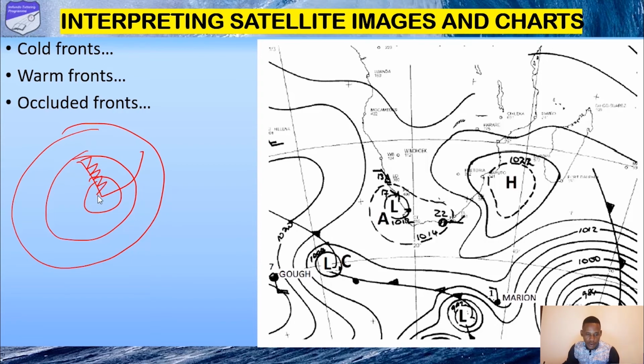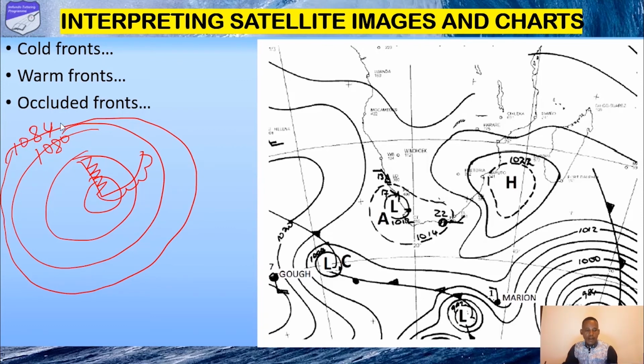This is your cold front, this is your warm front. Then there might be 1080 hPa here, and 1084 hPa. Then they say give the air pressure of X here. How would you give the answer there?